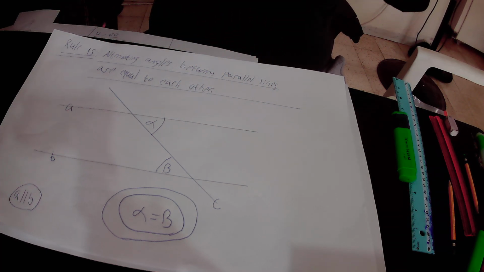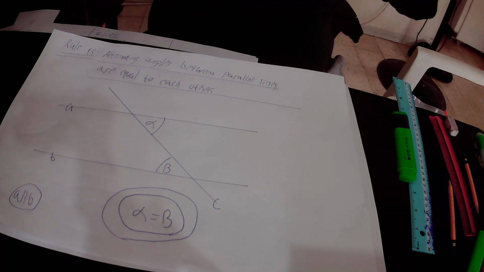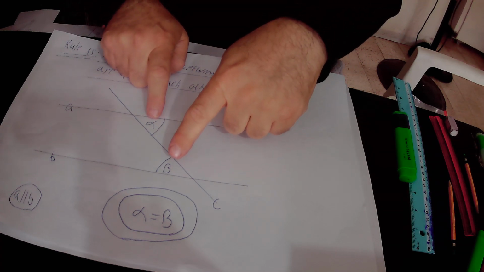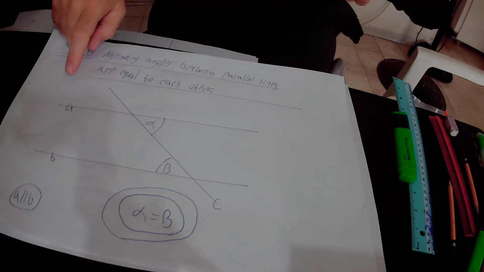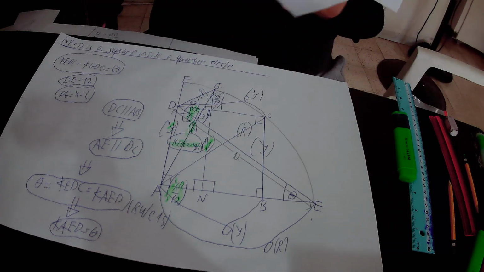Whenever we have two alternating angles located between parallel lines, they are equal. Therefore angle alpha equals angle beta because they are located between the parallel lines A and B. We can implement rule 15 in our drawing.